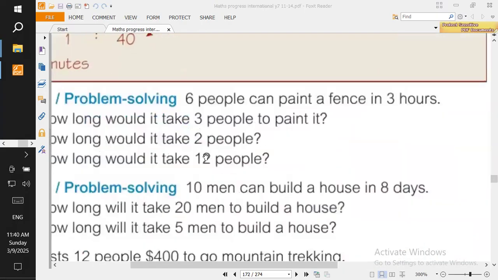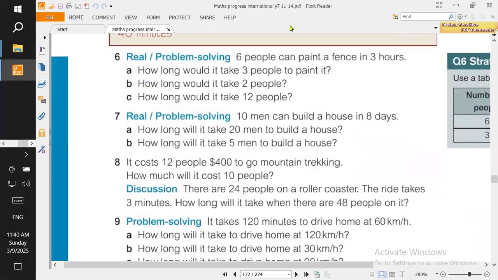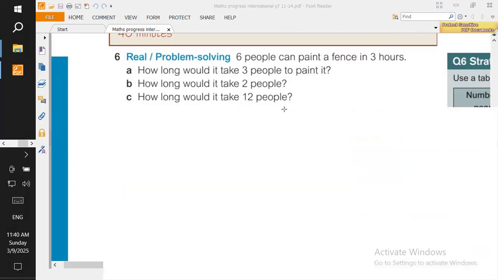Question 6 here. Let's cover the space. Now, in question 6, 6 people can paint a fence in 3 hours. As you can see here, this question is talking about time. It means it is inverse proportion. It means the more people, the less time it will take to paint the fence.